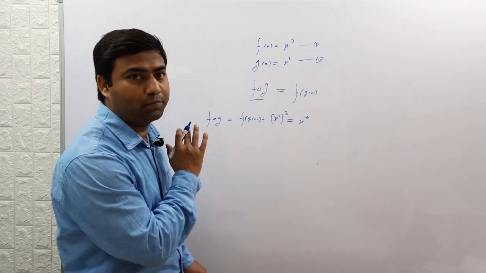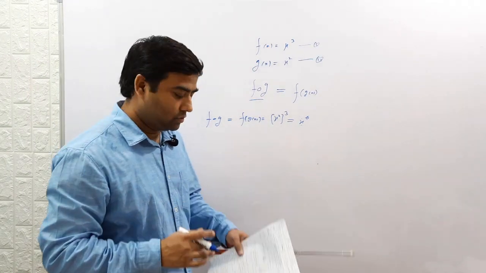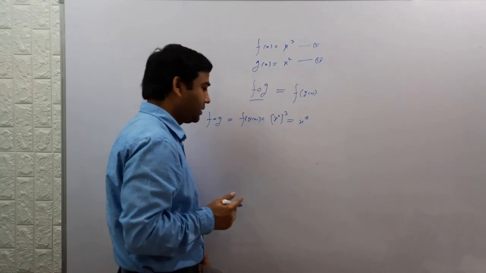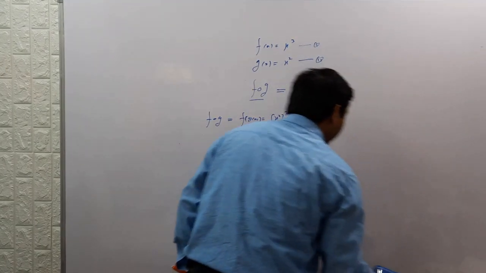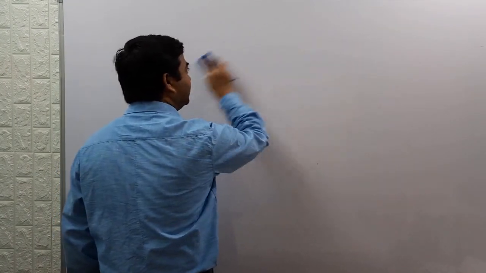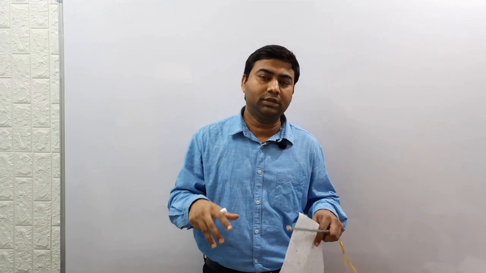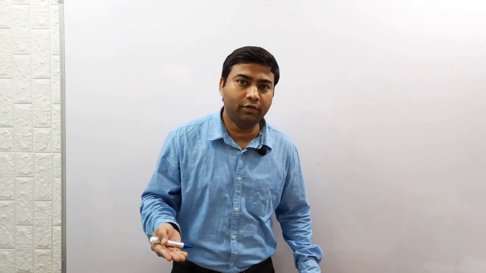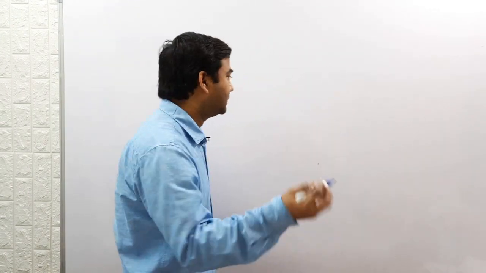This is called composite function. So this is the way we define composition of two functions. One function is written under another given function. With the composition operation we get another third function which can be written as composition of these two given functions.